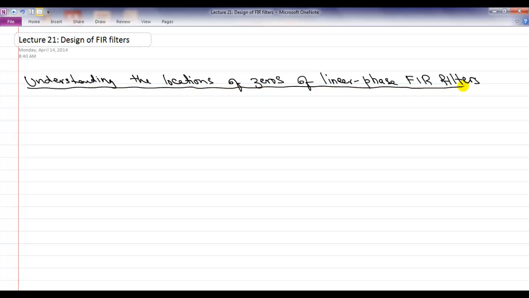And much of what we are going to say today, you can derive these results formally, but rather than doing that, I'll just give you the crux of the results.